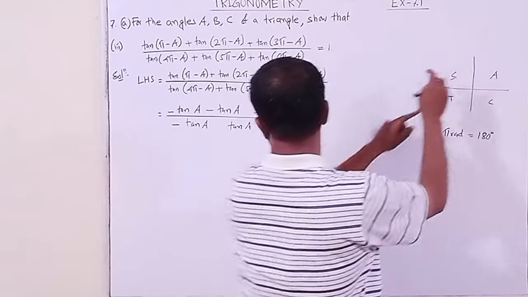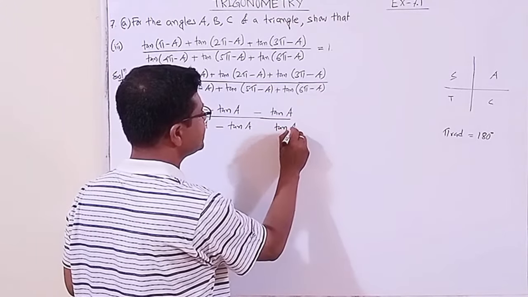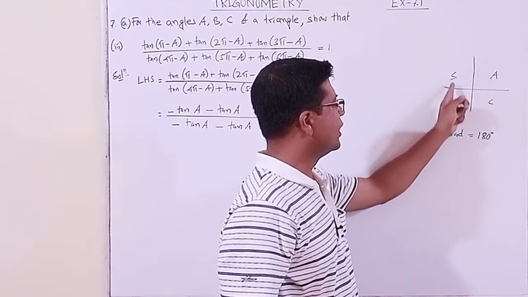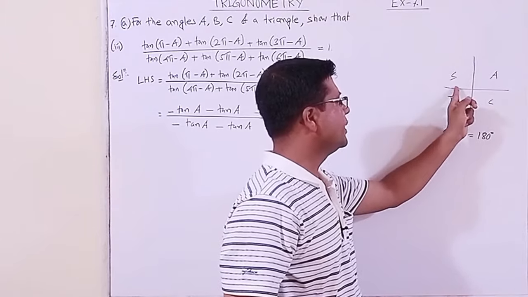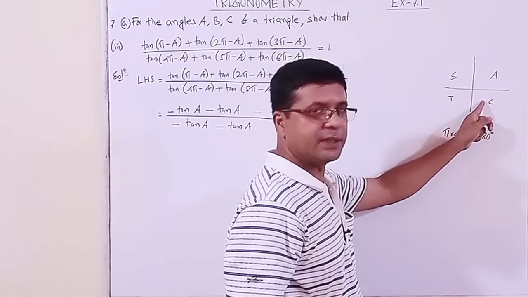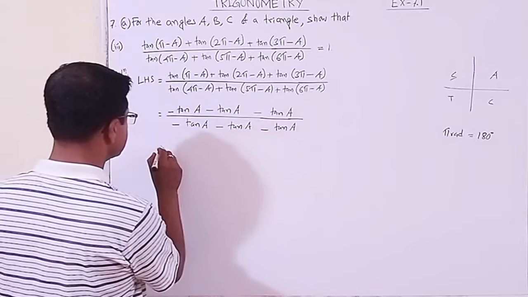Second quadrant, tan is negative. Then 6 pi: 1 pi, 2 pi, 3 pi, 4 pi, 5 pi, 6 pi minus a. It is in the fourth quadrant, tan is negative.